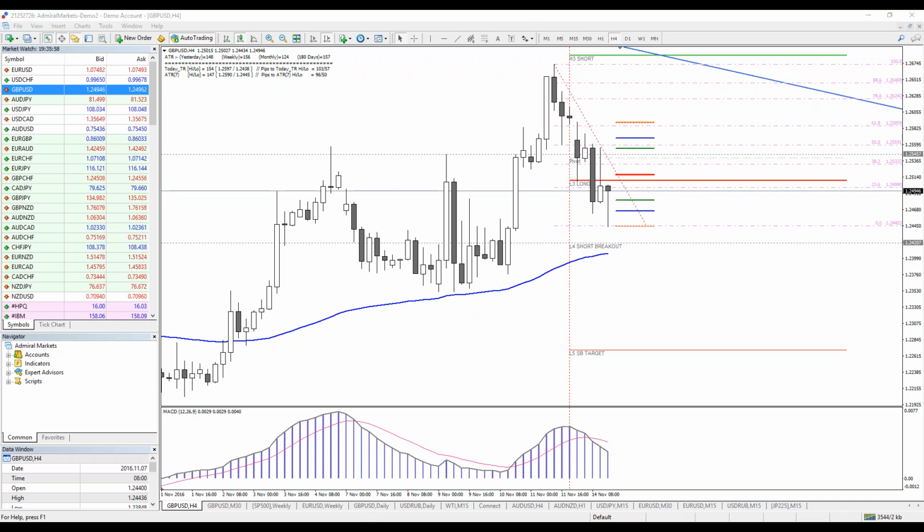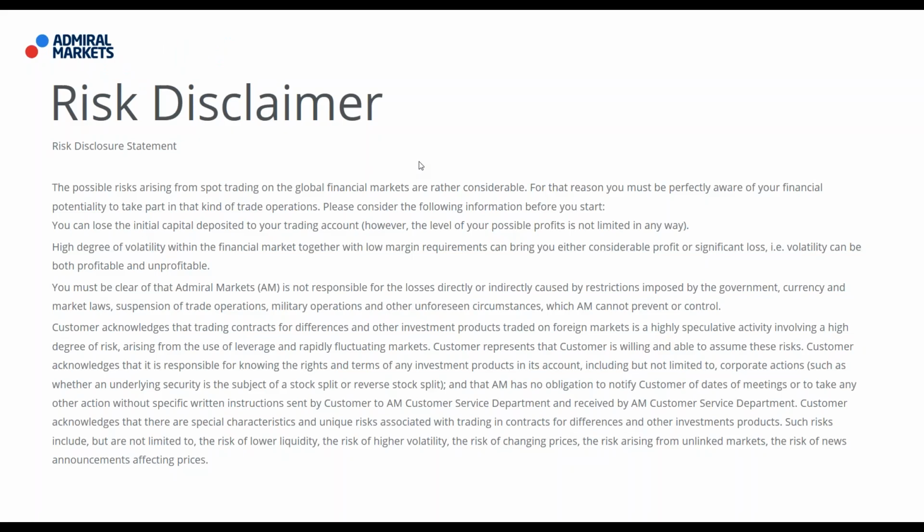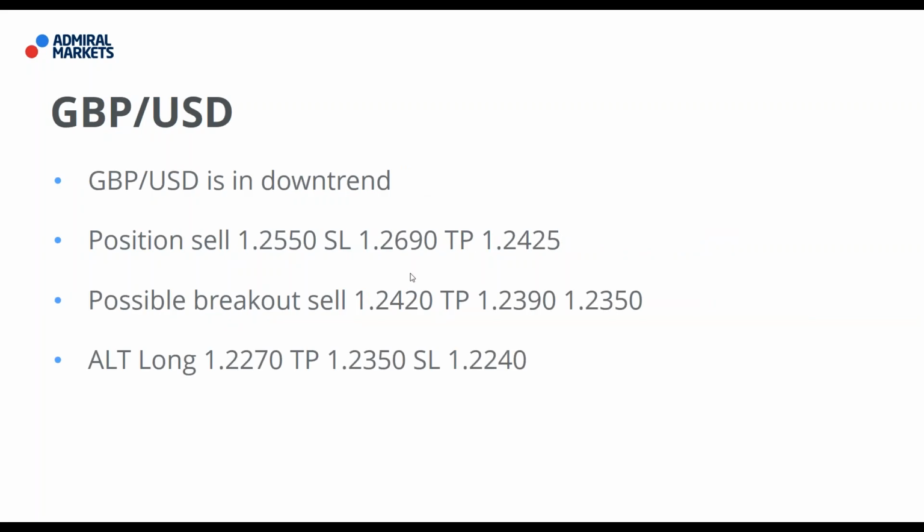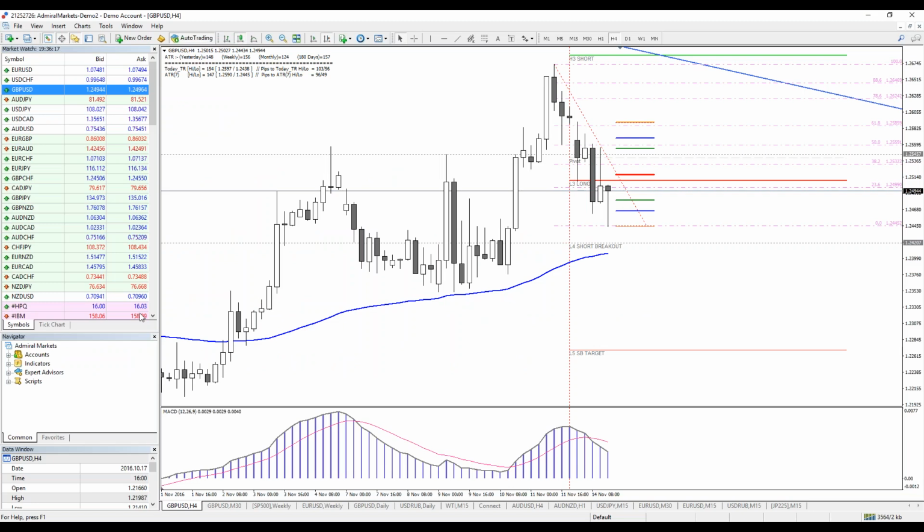Where would I buy pound dollar? I would buy a bit lower, guys, really a bit lower. Let me show you, pound dollar here, 22.70. See 22.70, guys, be patient.